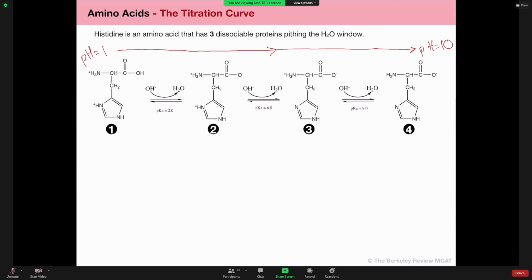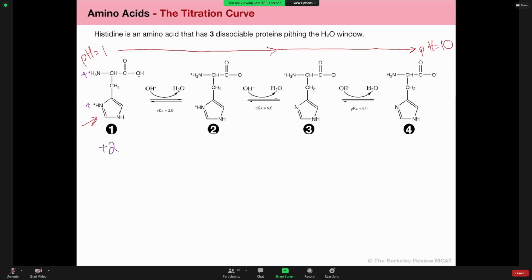Over on this side, what is the charge of species 1? You've got a plus, and then nothing. So you have a charge of +2.